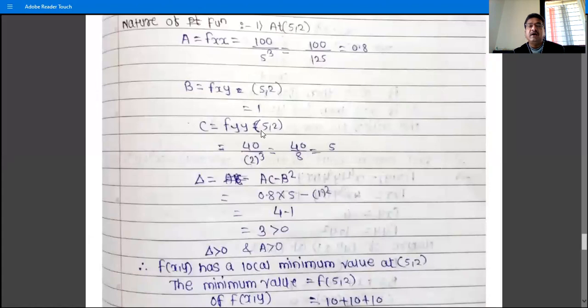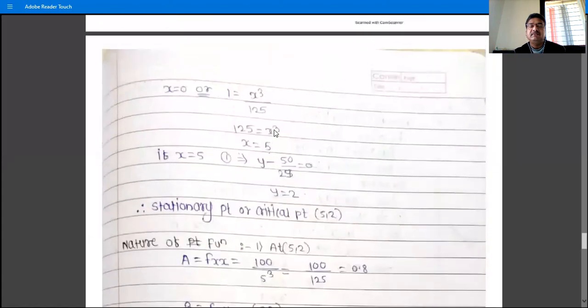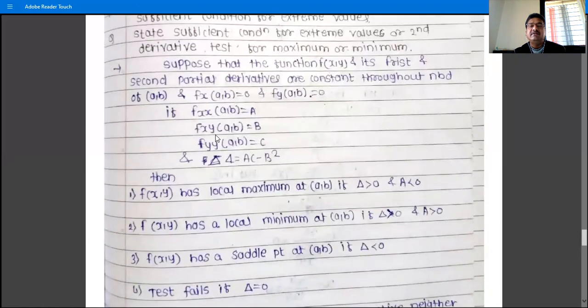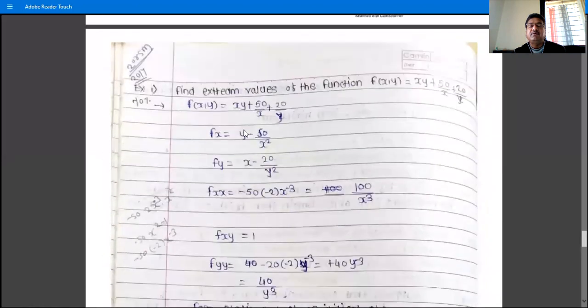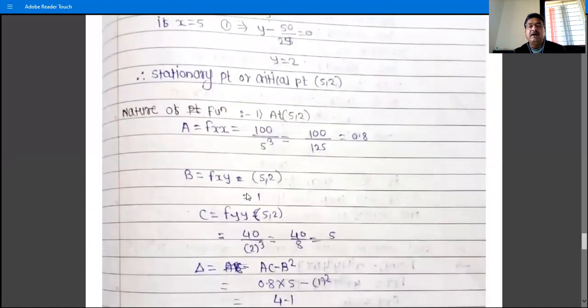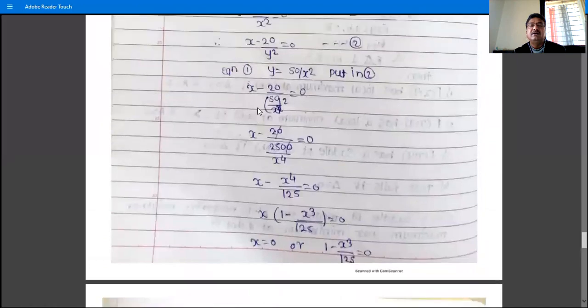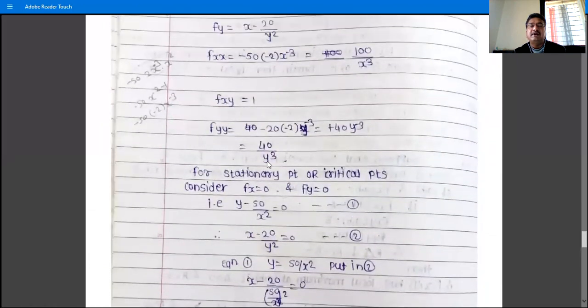Then C is fyy at (5, 2). The value of C means the value of fyy at the point (5, 2). fyy is 40 by y cube.